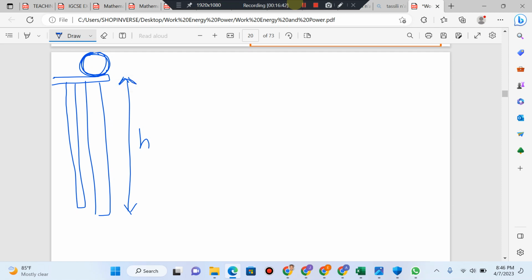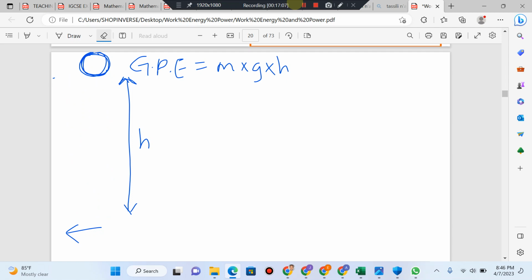So because of the position of this object, it possesses what form of energy? It possesses gravitational potential energy. And the gravitational potential energy is given by the expression, the mass multiplied by gravitational field strength multiplied by the height. But if for any reason this table is moved away so that the ball will be left hanging on nothing, what will happen to the ball?